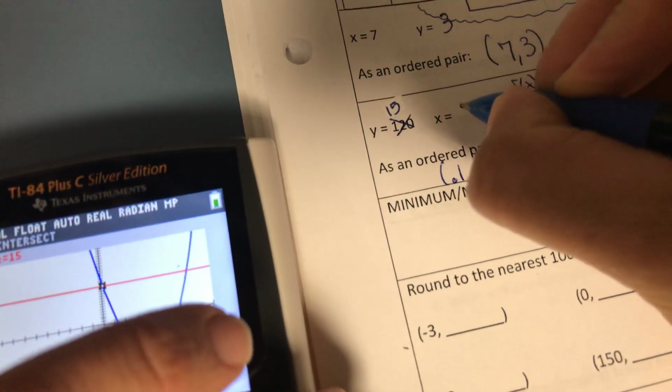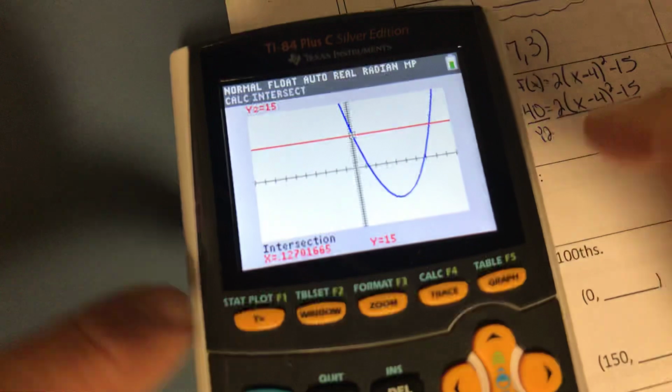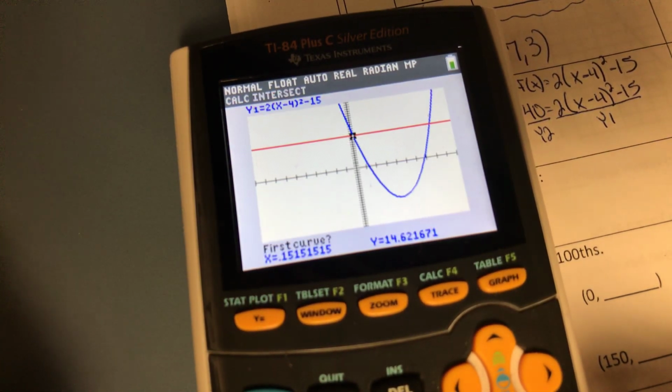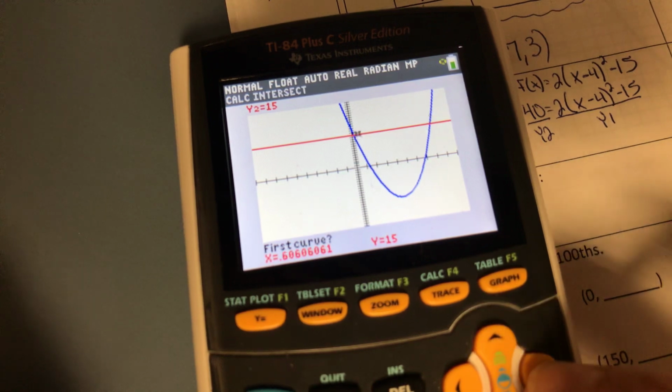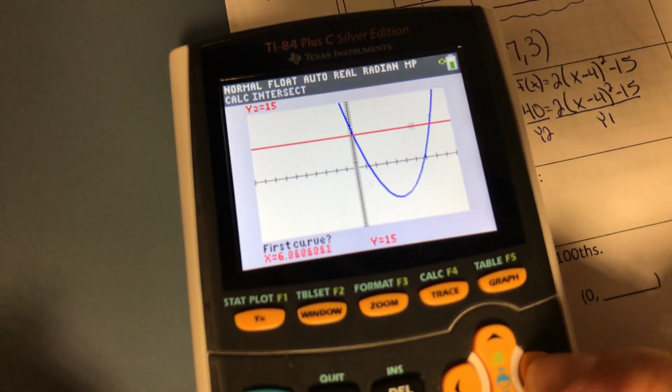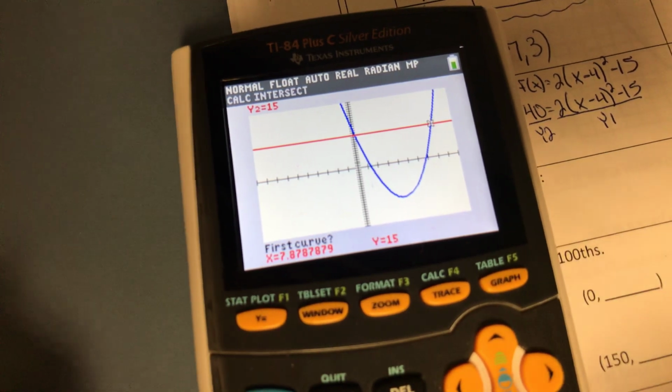So there's 2 of them. 0.1 with 15. And then I'm going to go find the other one. So it says as an ordered pair. So one of them is 0.1 up here. So let's do second trace again. Choose intersect, option 5. This time I'm going to scroll over to the other one. Doesn't matter how you get there, just get there. Once I'm there, I'm going to enter 3 times.